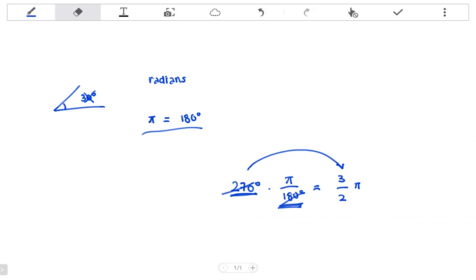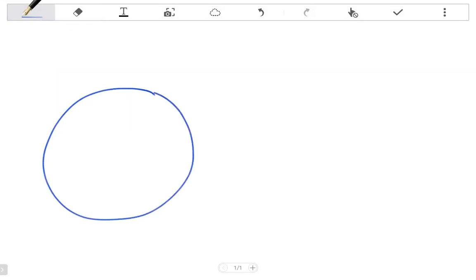No questions? Okay. So back to our unit circle. Back to this circle. We're not gonna work with degrees most of the time. We're gonna work with radians.